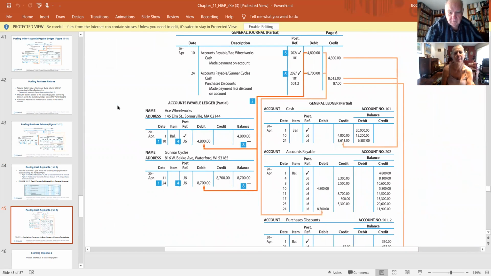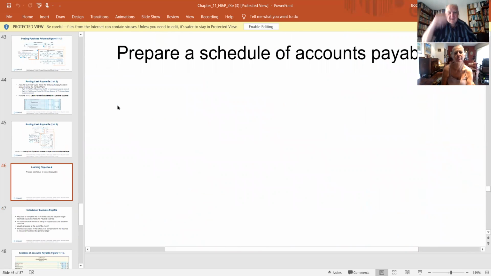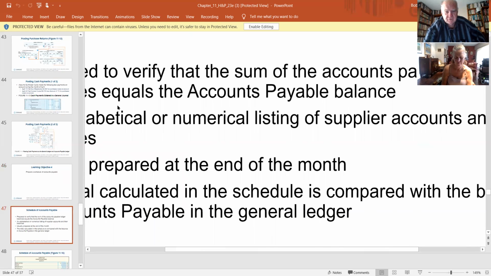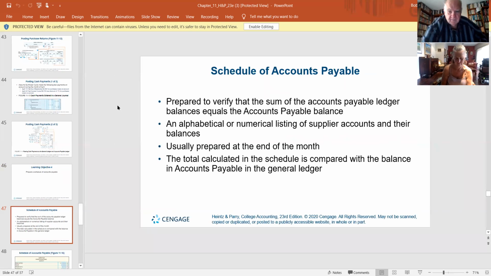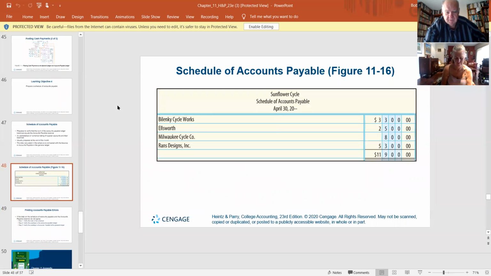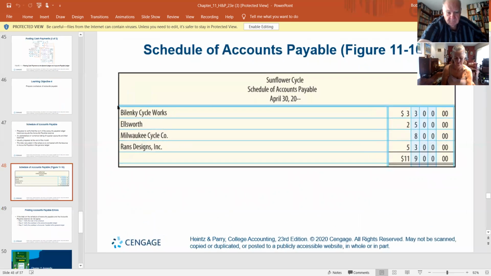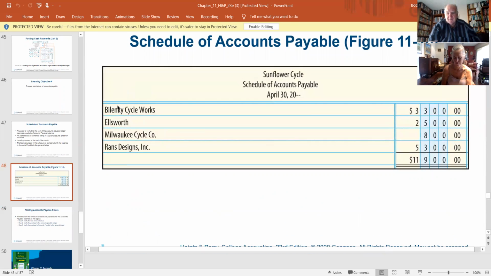What we owe. And then at the end, you prepare a schedule of accounts payable, which is quite easy. All that is a list of your vendors and how much you owe them, typically in alphabetical order, and there it is right there. You see that total number, $11,900, Carrie?